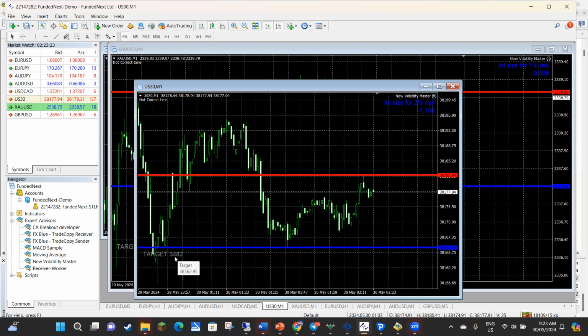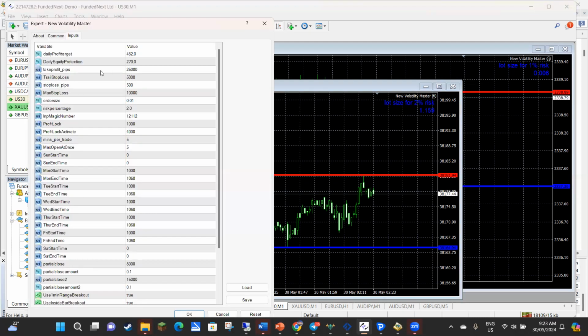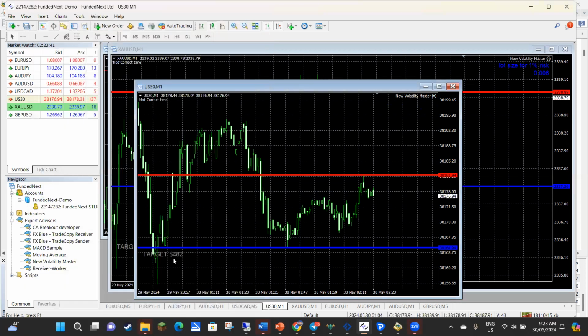The other thing that can happen here is if your trade goes into drawdown, this figure will increase. If this figure increases by your daily equity protection amount, so if it increases by 270 in this case, which will take you up to about 750, then it's going to close all your open trades.